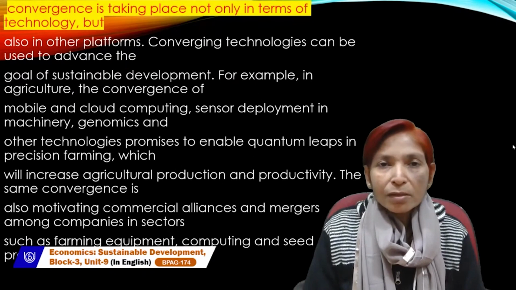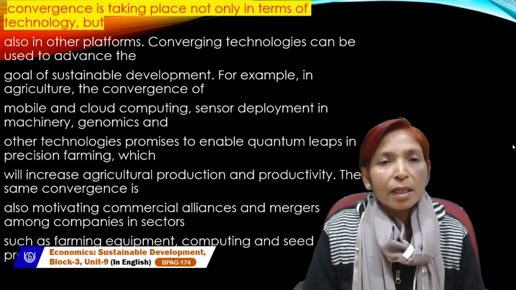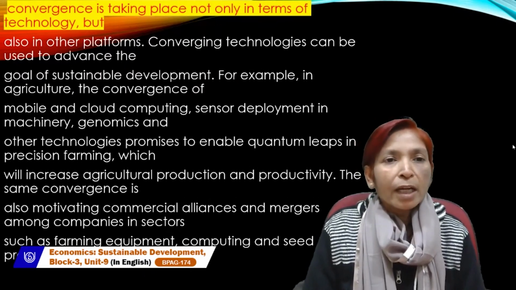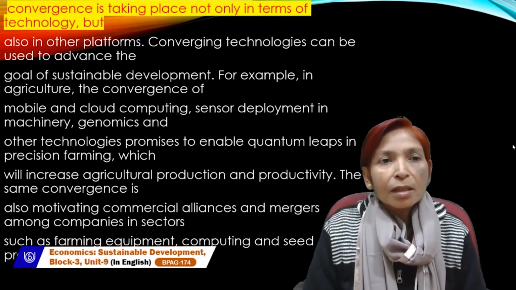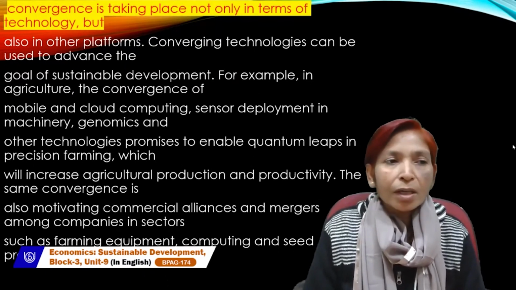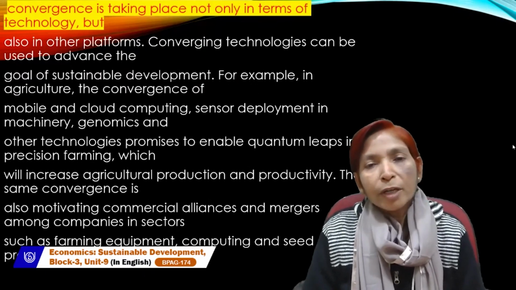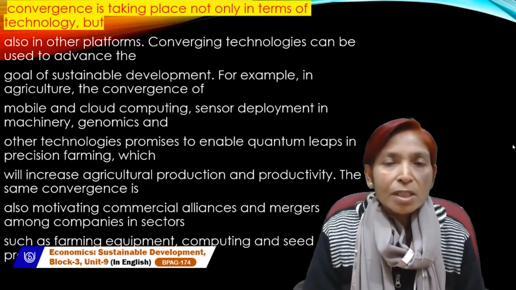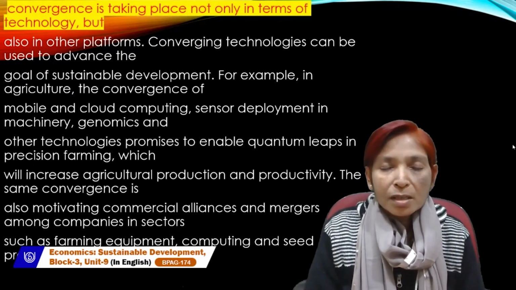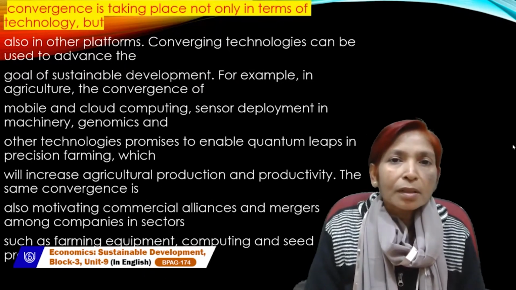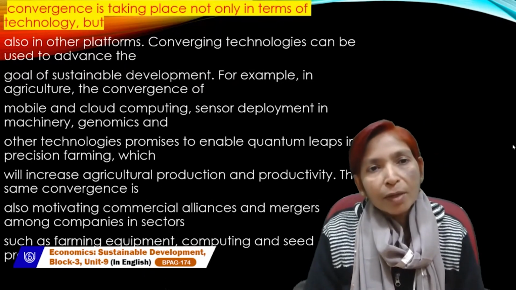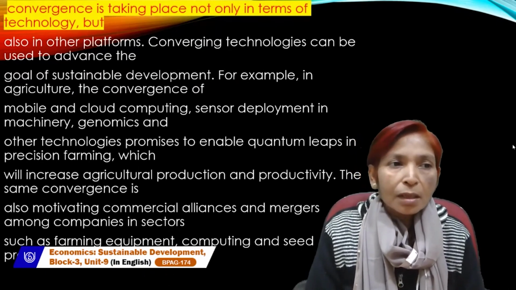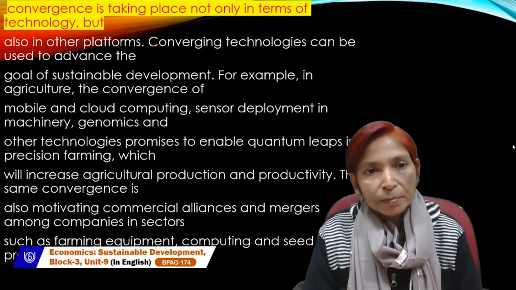Environmental protection is very necessary at present for the achievement of sustainable development, and convergence of technologies is taking place not only in terms of technology but also on other platforms.